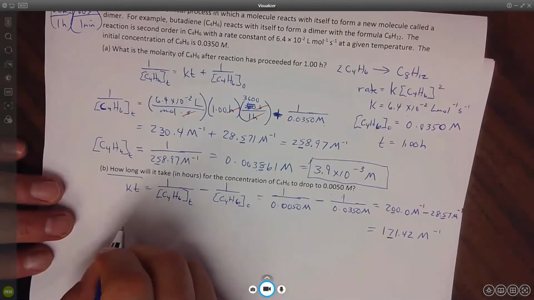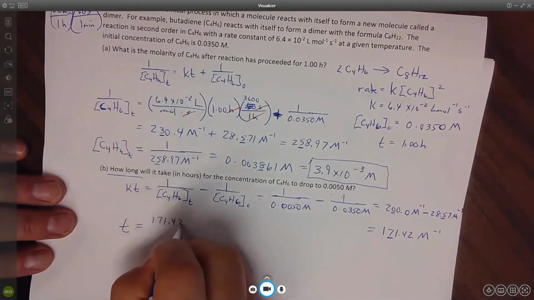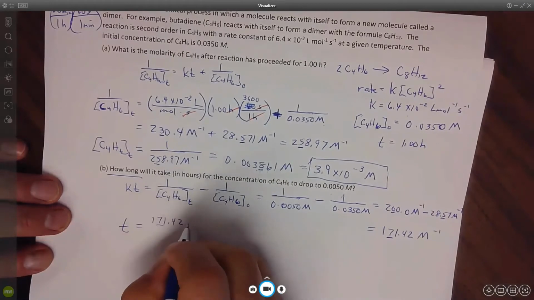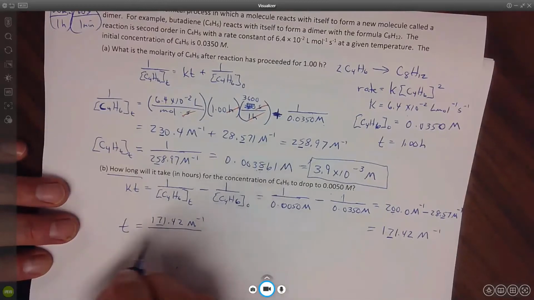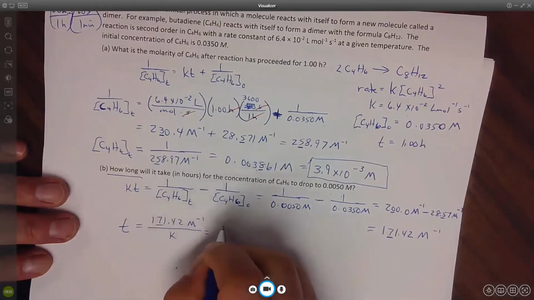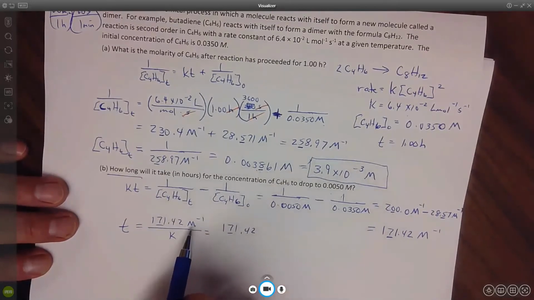So to get t, we're going to have to divide that 171.42 per molar by our k value. Now remember what our per molar is, right?